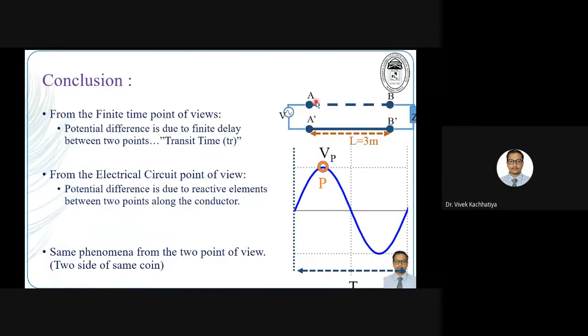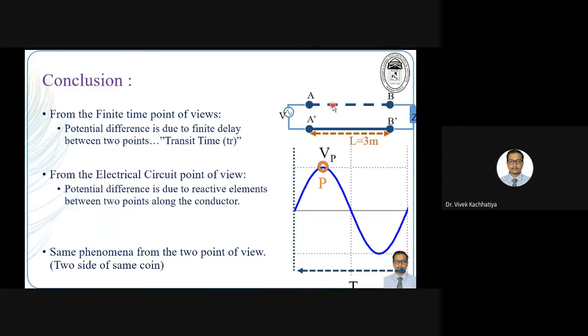This induced magnetic field will act as an inductance along the length of the line. We have an electric field present between these two conductors, and air is nothing but a dielectric medium. So again, it will give rise to a capacitance across these two lines, and this reactance will give us a potential difference between these two points.